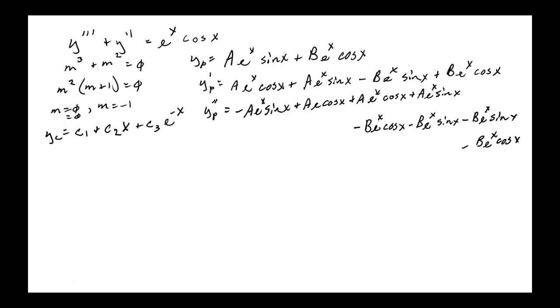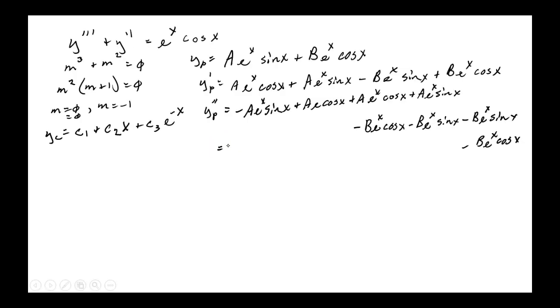Okay? Surely something here is going to combine. Let's look at these a's. Here's an a e to the x sine x minus and plus. So those disappear. And that leaves us 2 a e to the x cosine x. Now that last b e to the x cosine x, is that positive? I believe it is.